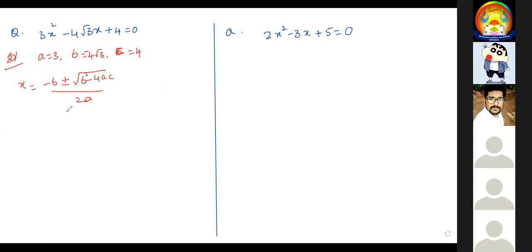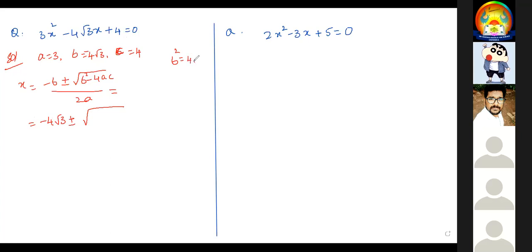Very good. Now I'll solve the first one. A equal to 3, B is equal to minus 4 root 3, C is equal to 4. Now we have a formula, just put it there. x equals minus B plus or minus root of B square minus 4AC, over 2A.